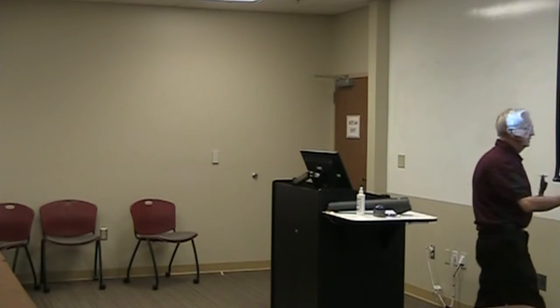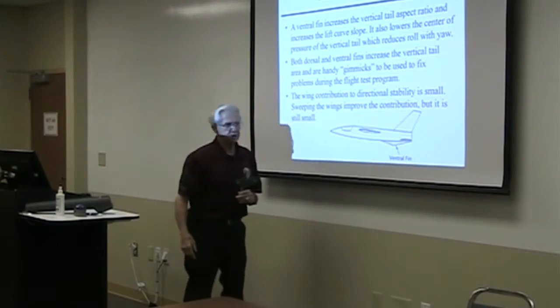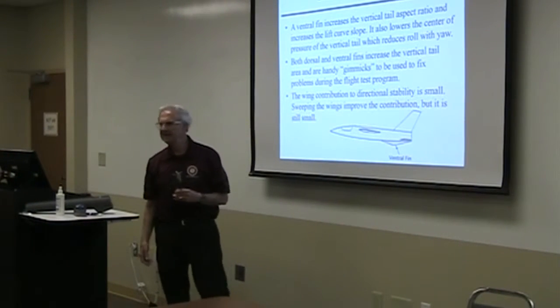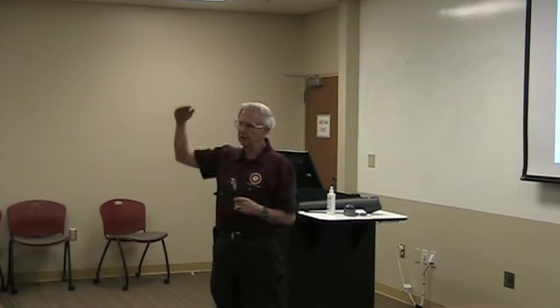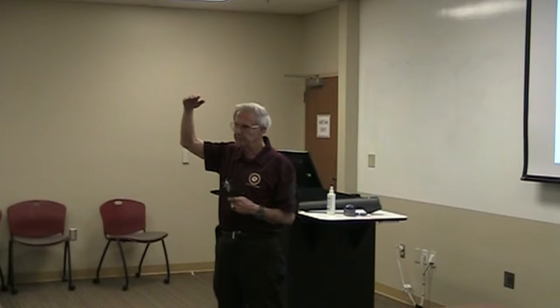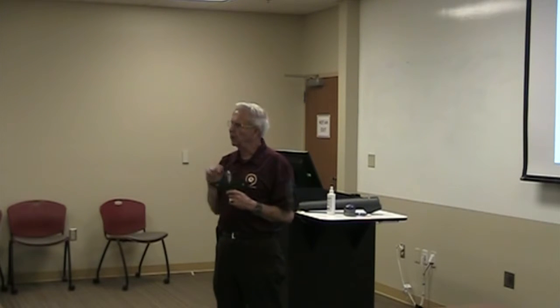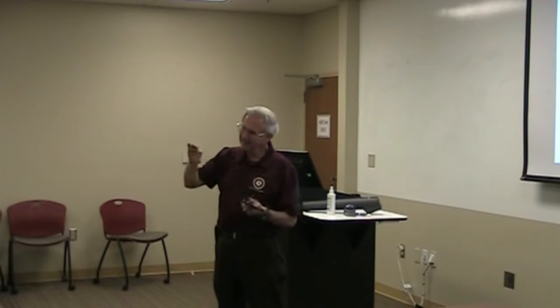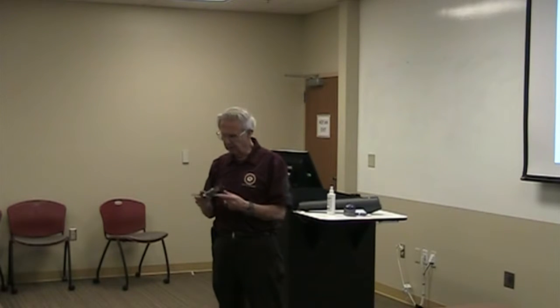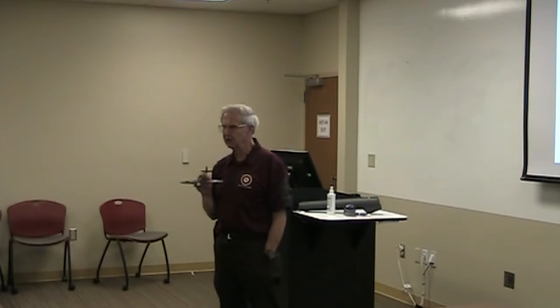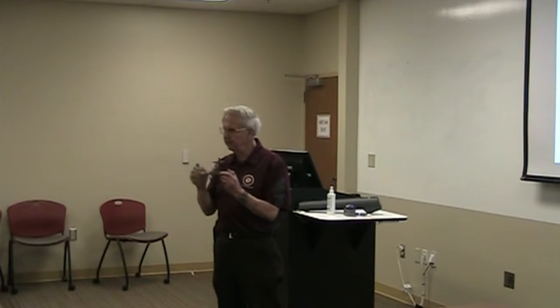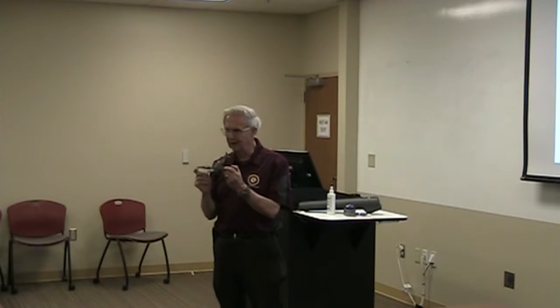But anyway, one of the solutions is to put a ventral fin on. T-tail airplanes generally need ventral fins for that reason, because when you put the tail up on top of the T-tail, that moves the center of pressure up and makes the airplane more rolly. Where a rolly airplane gets into trouble is flying a precision instrument approach, because you're trying to keep the needles in the right place.